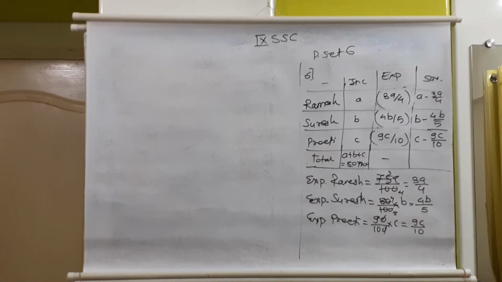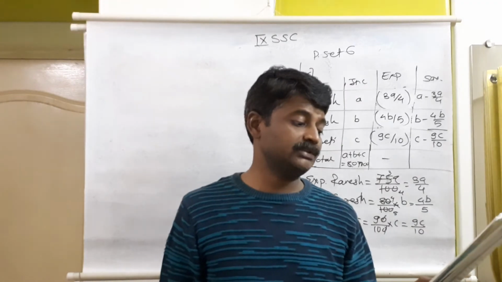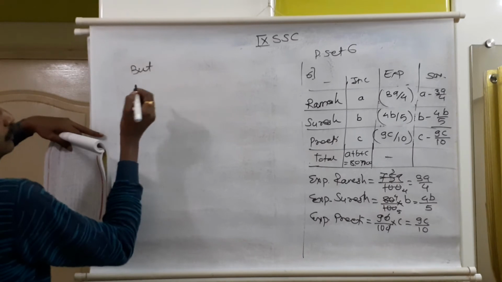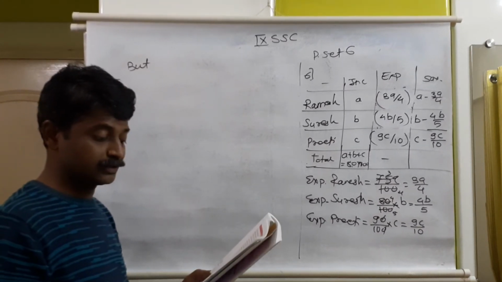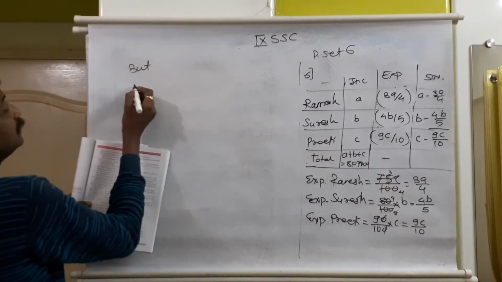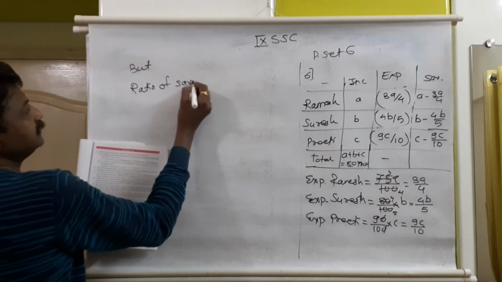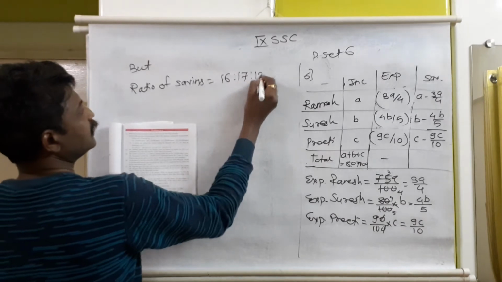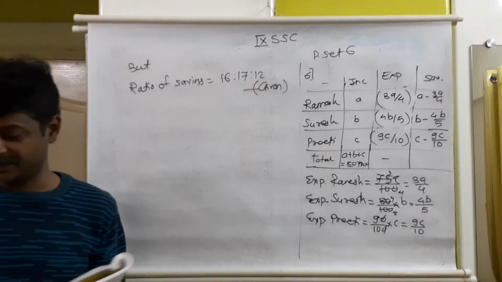But in the question, it is mentioned that the ratio of their savings is 16 is to 17 is to 12. This is given to us in the question as additional information.